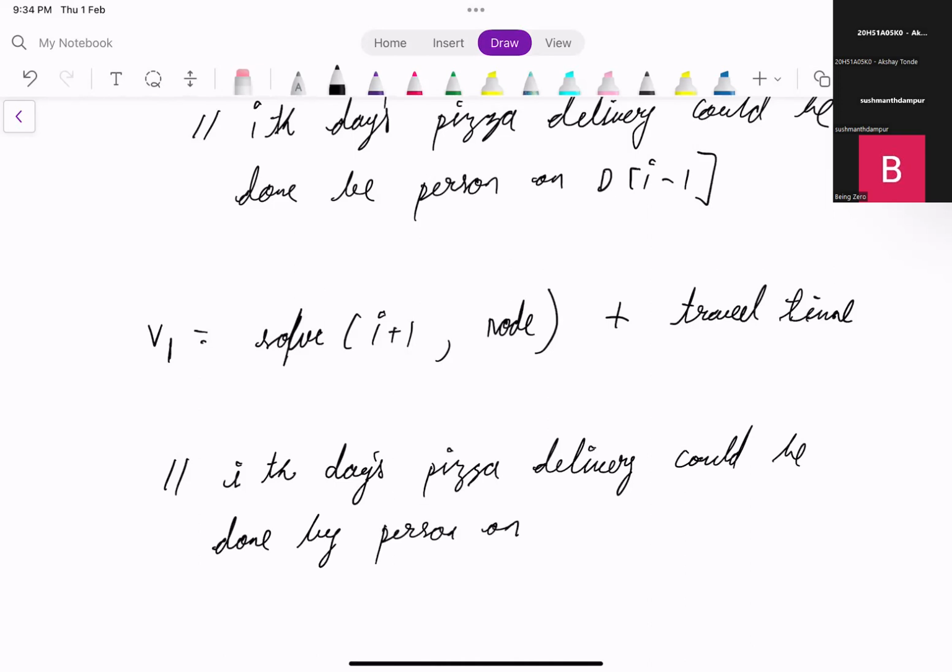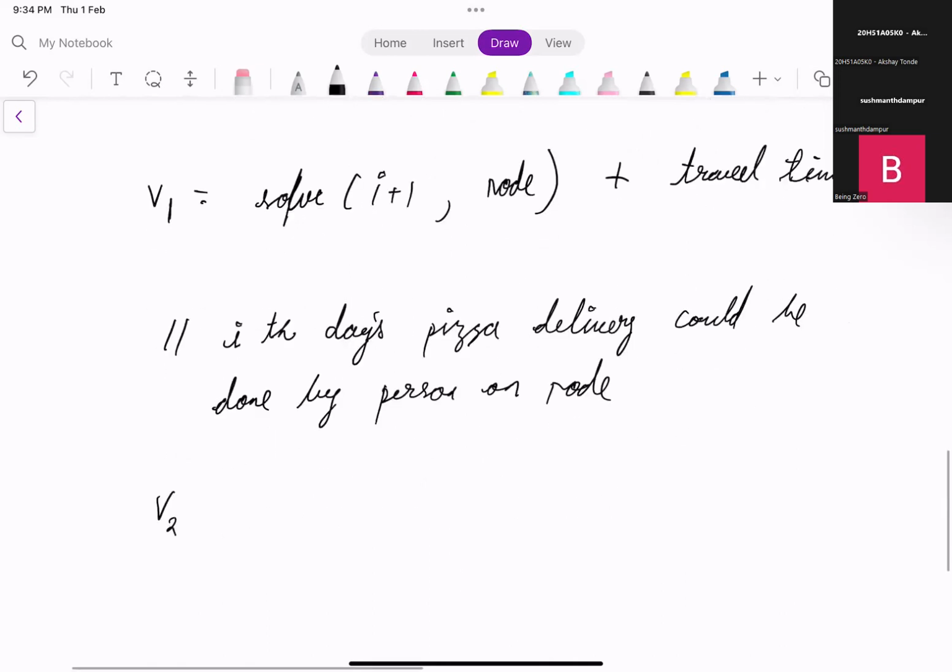These are the two scenarios. So in this scenario, how will our transition look like? Can we say our transition is solve of I plus one, comma, and we are making the person who is on node pick the current pizza?